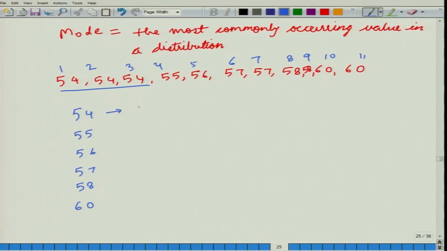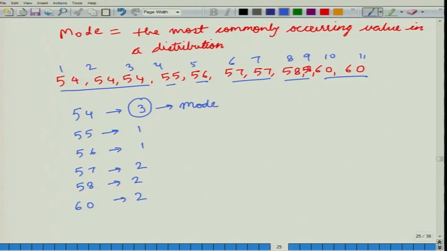We have it 3 times. 55 occurs only once, 56 also occurs only once, 57 occurs twice, 58 occurs twice and 60 occurs twice. So, in this particular example, 54 is occurring the maximum number of times, that is 3 times. So, this is the mode. So, the mode is the most commonly occurring value in a distribution.